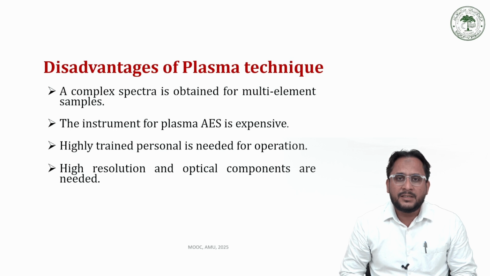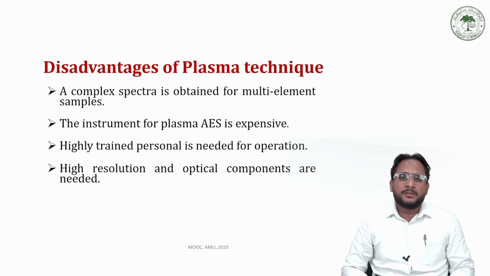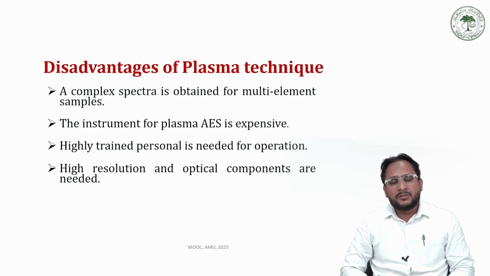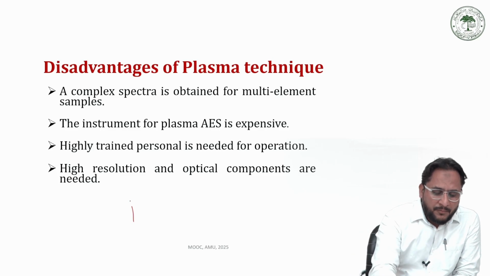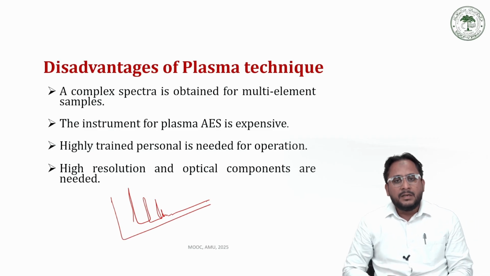Of course, there are certain disadvantages of plasma as well. Everything has its own pros and cons, merits and demerits. Just like that, this plasma technique has its own demerits. First of all, if we are doing a multiple analysis, there will be a number of peaks. Some of them are very close to each other, creating ambiguity or complication in the analysis.